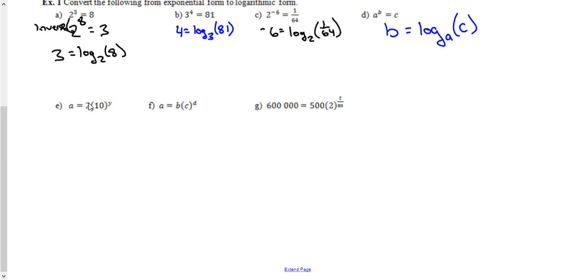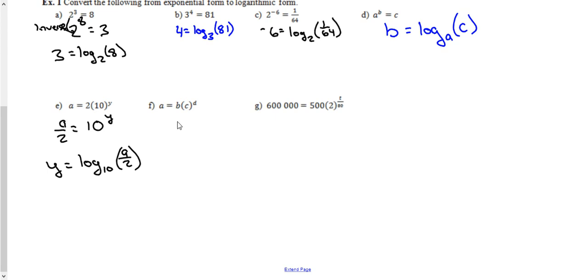So the very first thing I want to do, I've got to get rid of that 2, because in none of these previous questions have we had a number in front of our exponent. So the very first thing I do is I'm going to rewrite that as a divided by 2 is equal to 10 to the y. And now I'm going to change that into logarithmic. So that's going to be y equals log base 10 of a divided by 2.